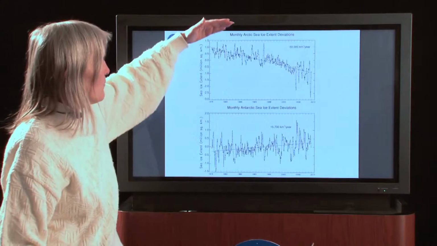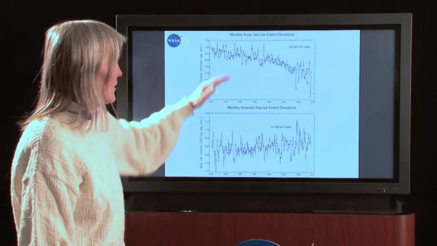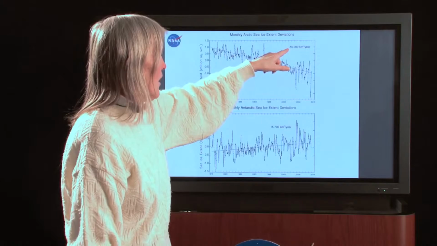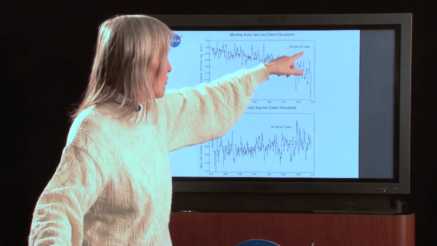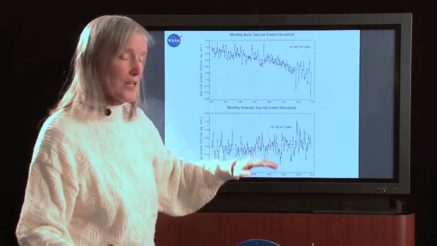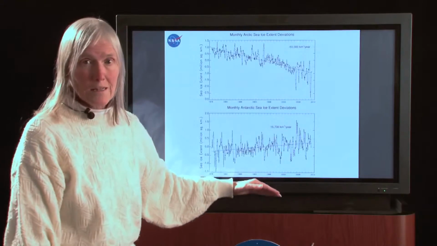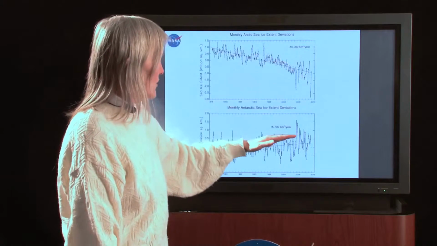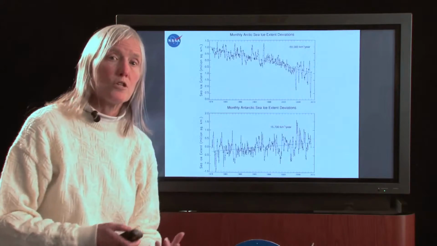And so now we've got the monthly for the Arctic, monthly for the Antarctic, monthly deviations in both cases, and we've got final values of decrease in the Arctic of quite a big amount, 55,000 square kilometers per year, and an increase in the Antarctic of a much lesser amount, but it's still very interesting to people who study climate that the two have different results in terms of one's decreasing and one's increasing. So it's a much smaller amount, only 15,700 square kilometers per year, but that's still noticeable.